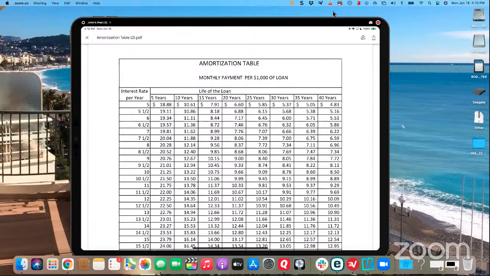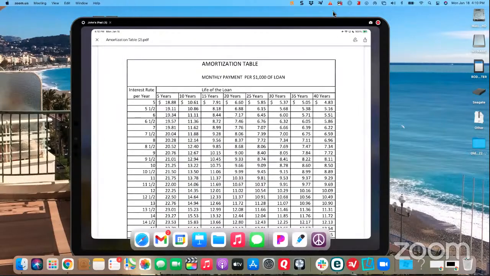So I don't know if they're asking the question, what's the difference in the monthly payment, or what's the difference in the savings? I don't know specifically how they are asking this question. But let's go back and look at this.